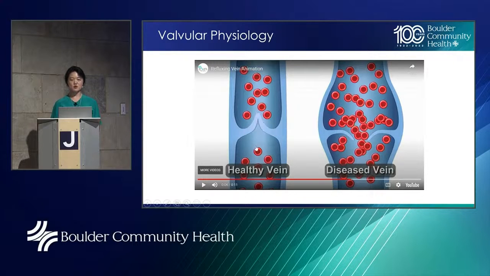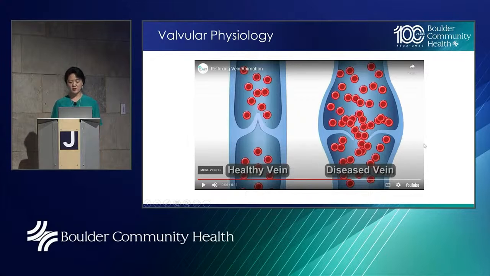So when you squeeze your leg and your muscles are walking, blood goes up, and then the normal valves open to let the blood go up. But when you relax, the valves close so that gravity doesn't pull the blood down. That is how we fight gravity in our veins to return blood from our feet back to our heart.